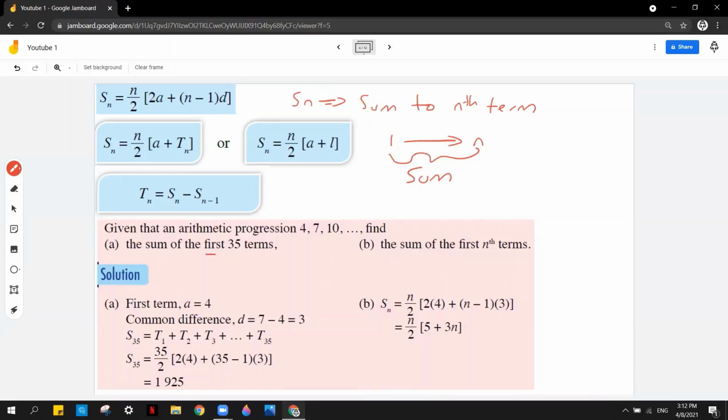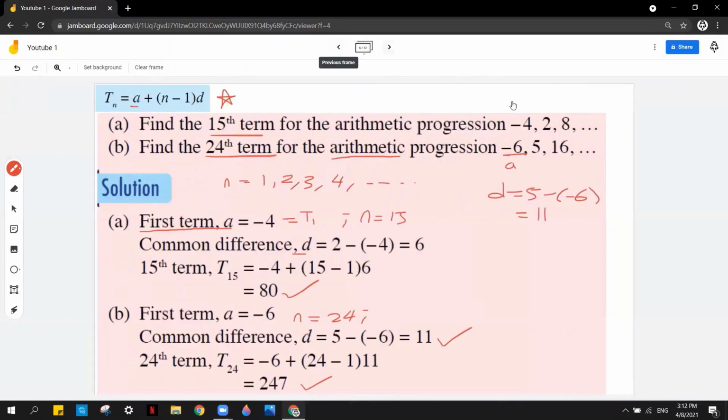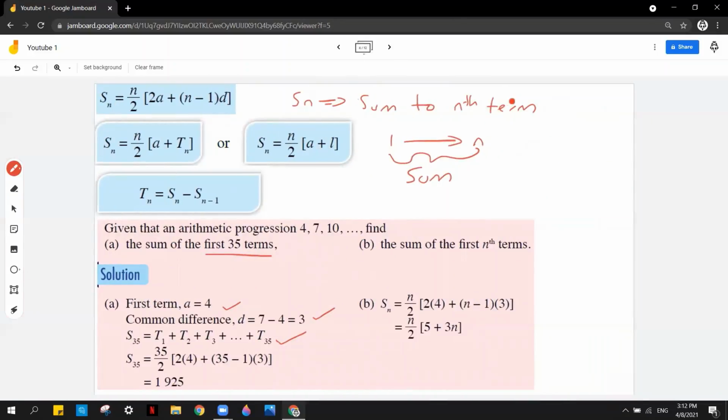For example here, they're asking for the first 35 terms. That is crazy, isn't it? So usually you just do this. The explanation is as clear as that. You find the first term, you find the D, and then if you notice, the whole equation is the same as Tn, as you can see here, but the formula changes slightly with numbers here and there, and then you just sum it up and you get the answer as per usual.